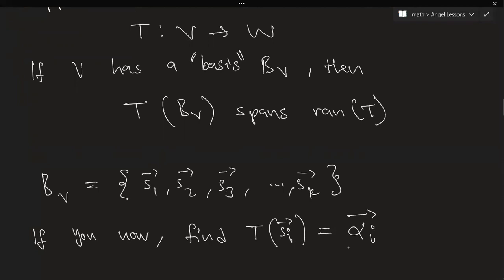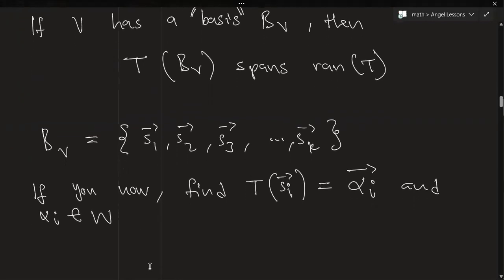Do we agree on that? If you take Si, where Si means any one of these, you will get alpha i as a vector. And do we agree that alpha i will be an element of W? Yeah. You see? So that's what we know so far. So when we take that, it will become alpha i. So suppose now you collect all these alpha i.